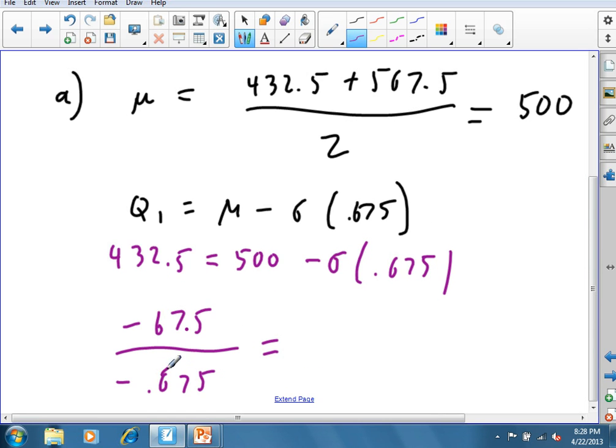Is that what I'm going to do? I'll put that over there and divide by that. At least I'm going to get a positive number. Wait a minute, that's 100. So my standard deviation is 100.